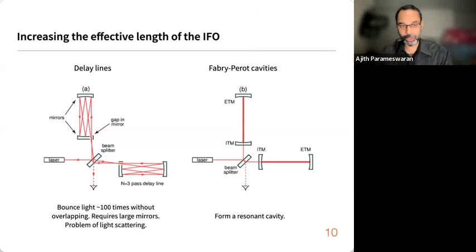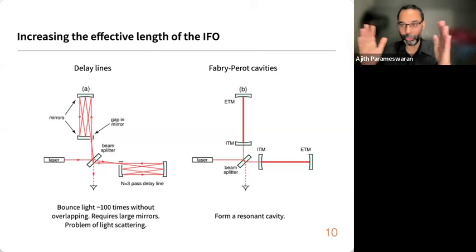One is that you reflect the light backwards and forwards using what are called delay lines, where they don't interfere. For example, the GEO interferometer in Germany uses a technique like this, but it has additional complications. But the most popular technique, used by all the large interferometers like LIGO and Virgo, is to create resonant Fabry-Perot cavities.